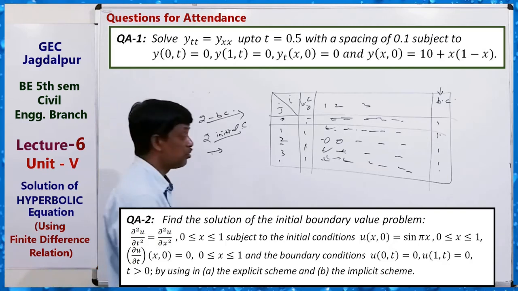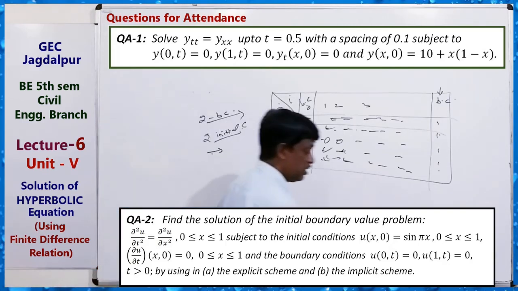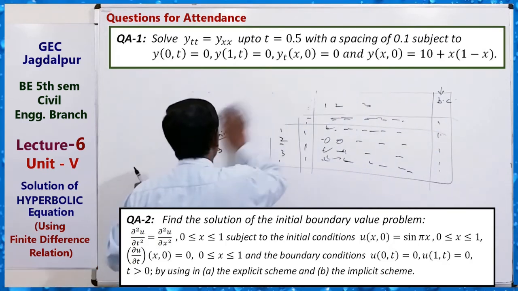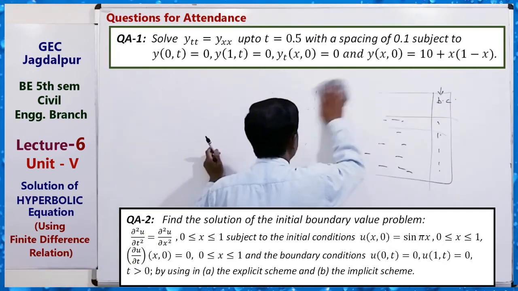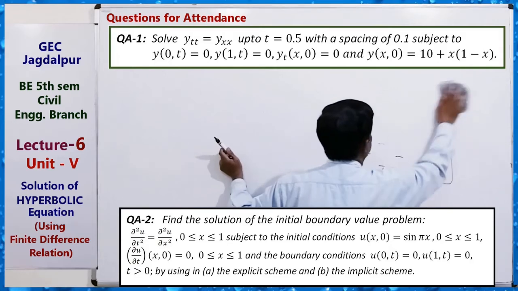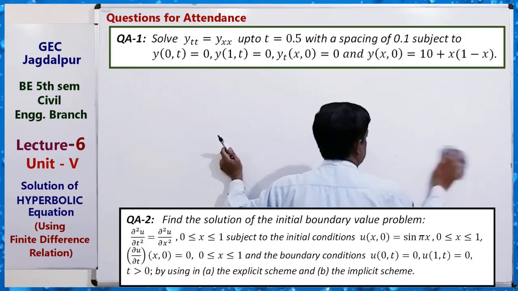So here, how can you write the main formula? So simple. Next step means the j level on the right hand side and the j plus 1 level on the left hand side.